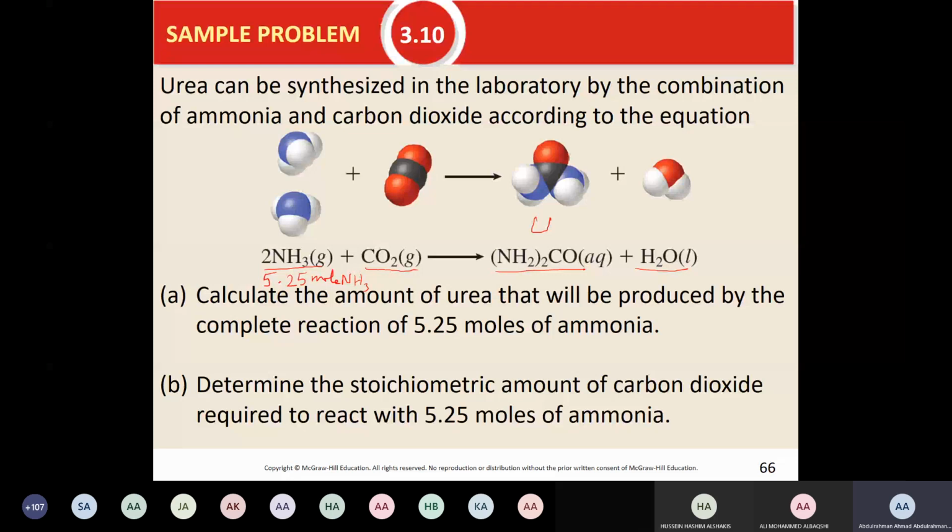What's the question, Doctor? The question, one more time. If I give you a chemical reaction, look at this chemical reaction. What's the very first thing you should do?